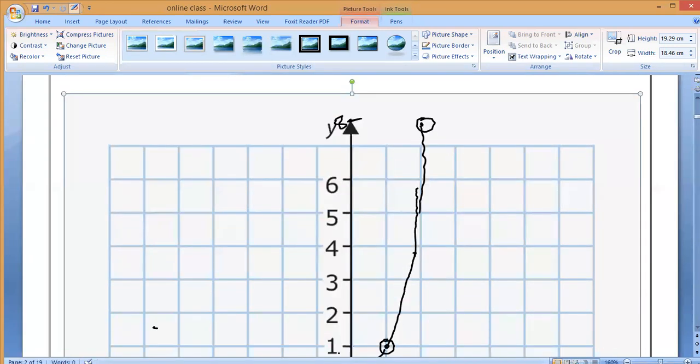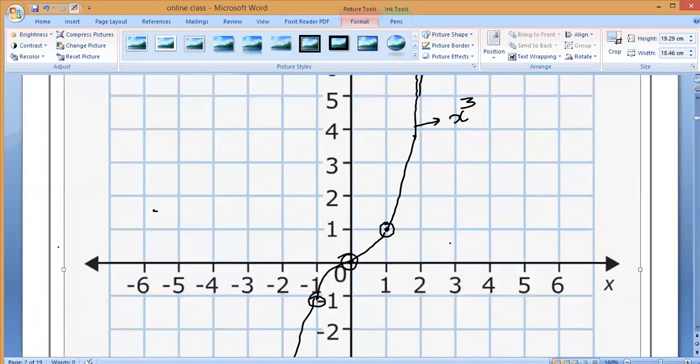This graph represents the function P of x equal to x cube. How many zeros? One zero, a single point.